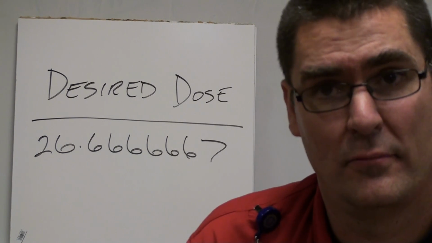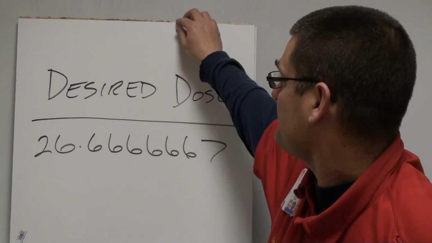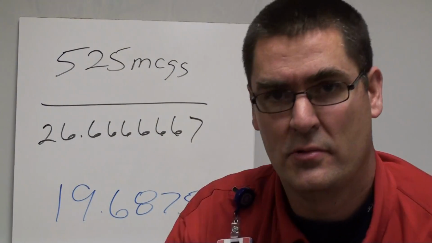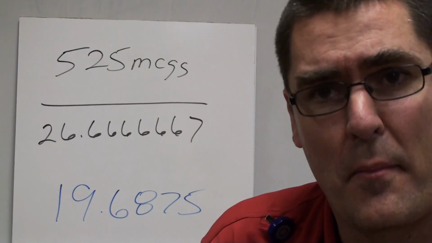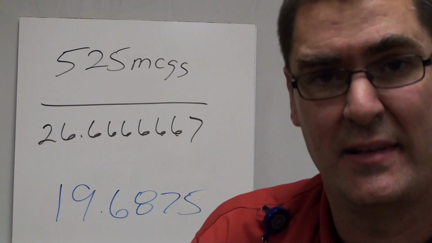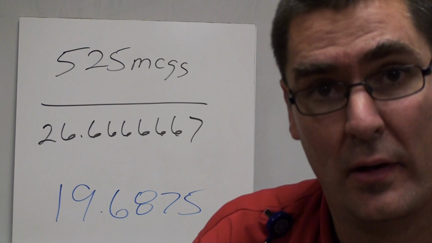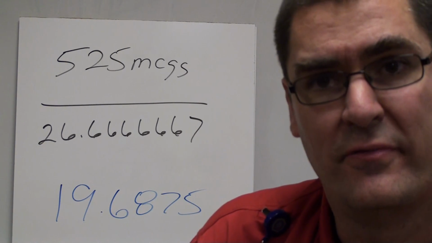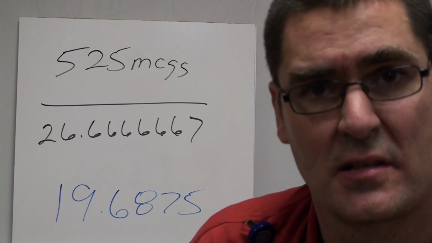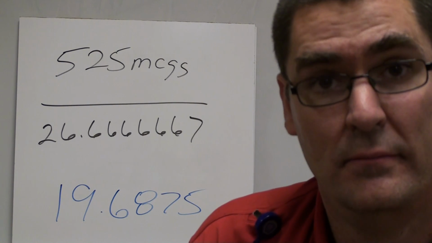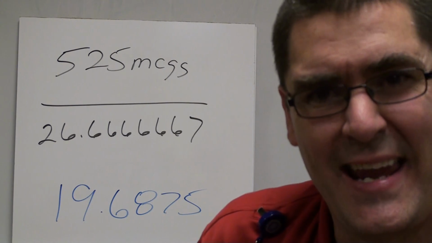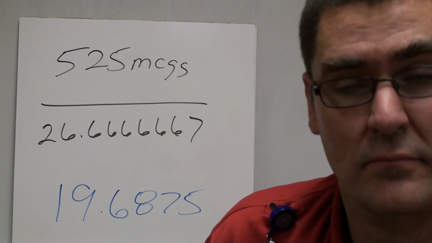What's it look like? Let's go back and take a look. So we used 525 micrograms a minute. That's what we're going to use on this one, like we did on the first one, part 1. So if you do 525 divided by 26.666667, it equals, oh look, just like in Formula 1, 19.6875 drops a minute.